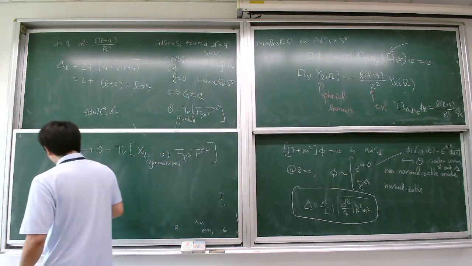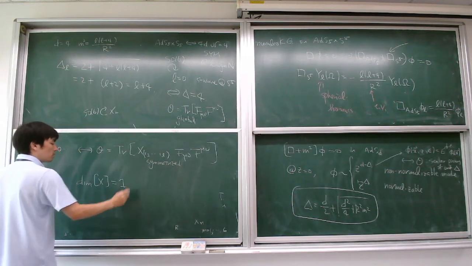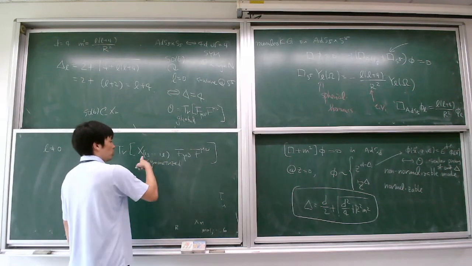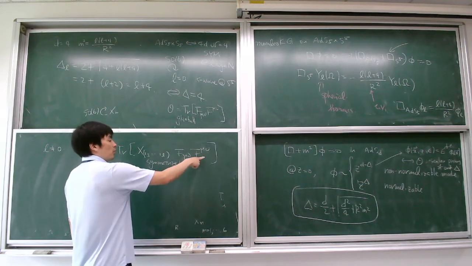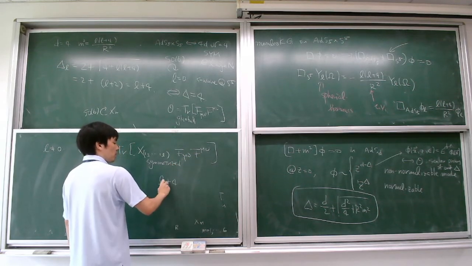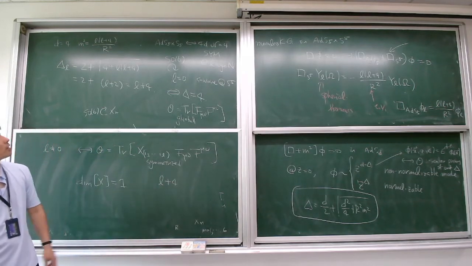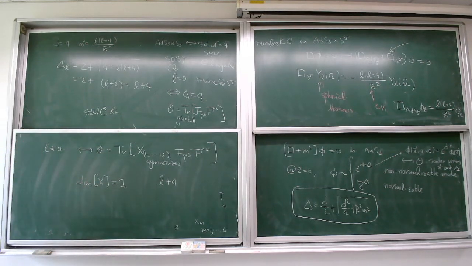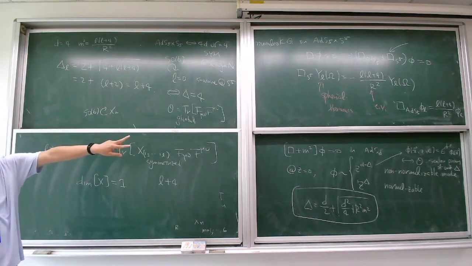And of course, the mass dimension of X is equal to 1. Therefore, you have L copies of the scalar operator plus F mu nu squared, which is 4. So the scaling dimension has to be L plus 4. And if you compare with the calculation using spherical harmonics, it should be L plus 4. So there is a one-to-one correspondence.